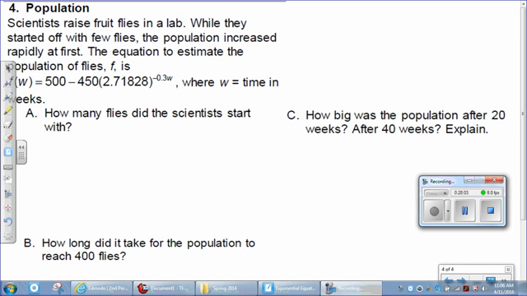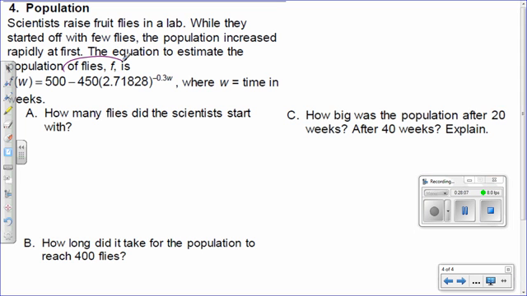The equation to estimate the population of flies, F, is F of W. So the number of flies is the output. And the input, your independent variable, is the number of weeks. And how do I know it is weeks? Oh, it says right here. Time is in weeks, okay?